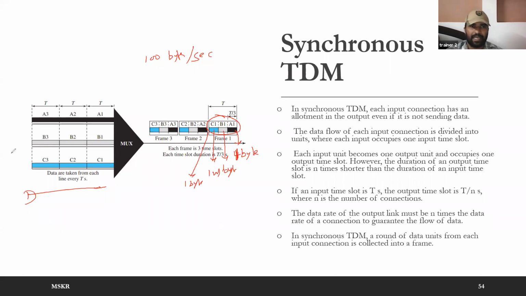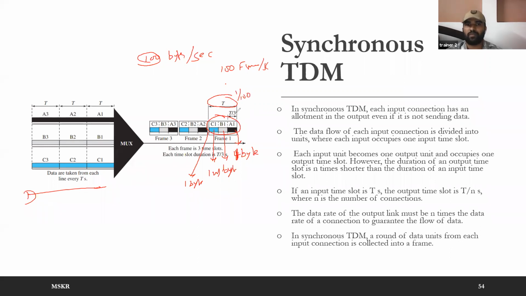So you need to draw a diagram like this, where T is equal to how much? If you send 100 bytes per second, you need to send 100 frames per second, because each frame carries 1 byte. So one frame interval is 1 by 100.